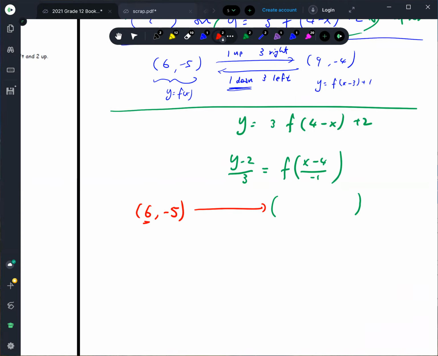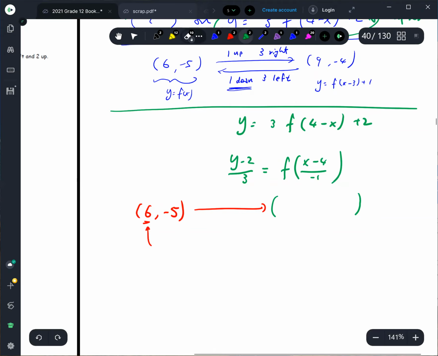So Philip, what do you get? Times -1. Just for the x. So you get -6.